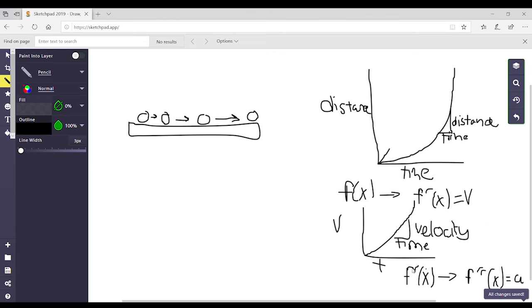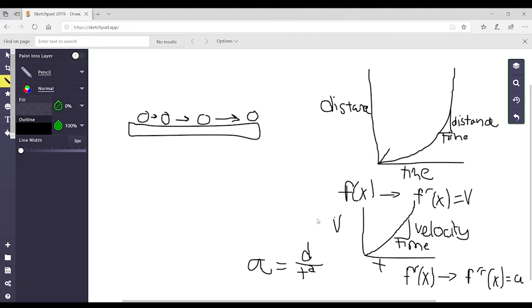So then we have acceleration. And we can rewrite acceleration as distance over time squared. Because you're basically saying distance over time, and then you're dividing it by time again when you're taking the second derivative. So this is how they're all related: distance, velocity, and acceleration.